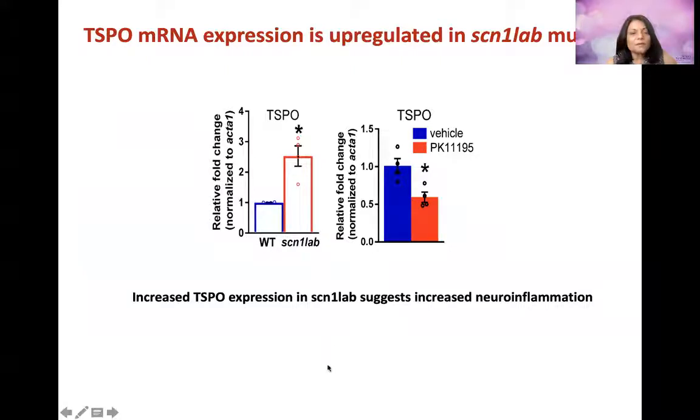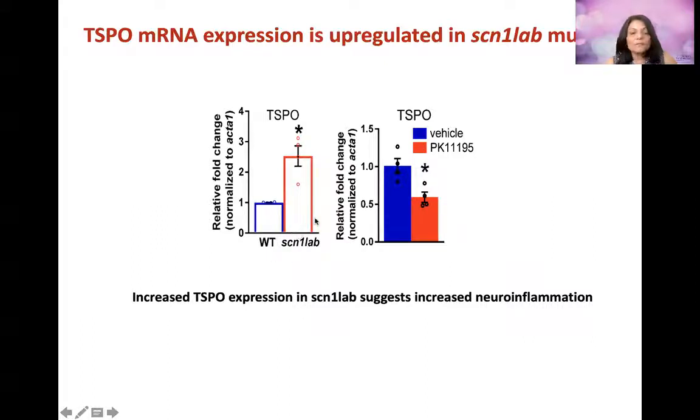And just to understand the role of the TSPO mRNA itself, the protein expression, we asked whether there was a change in the SCN1LAB mutants. What we found was that compared to wild type zebrafish, the levels of TSPO messenger RNA are upregulated in the Dravet syndrome model.